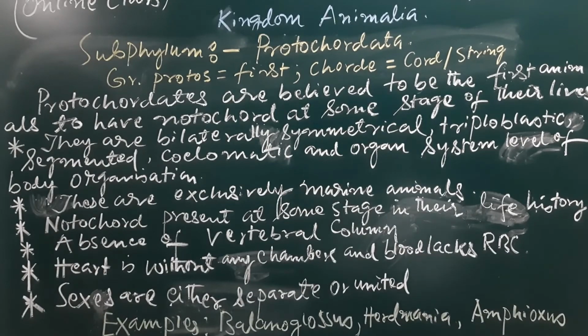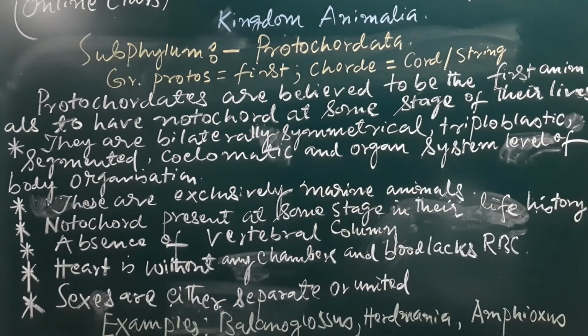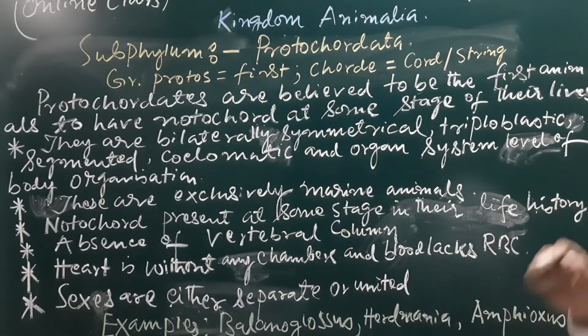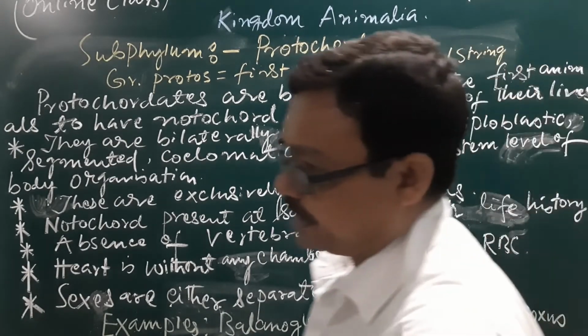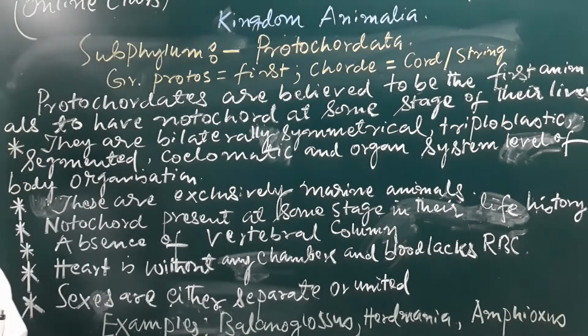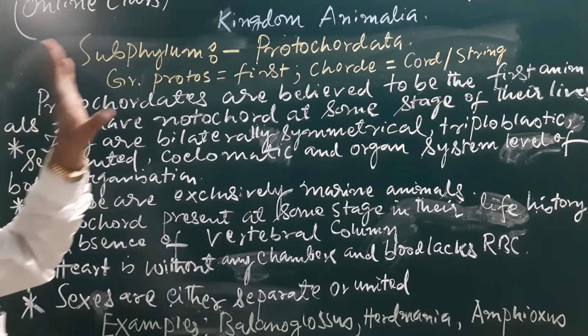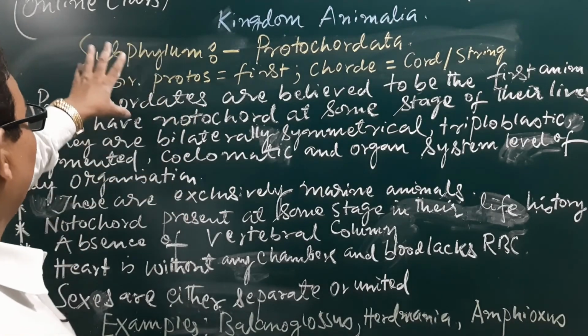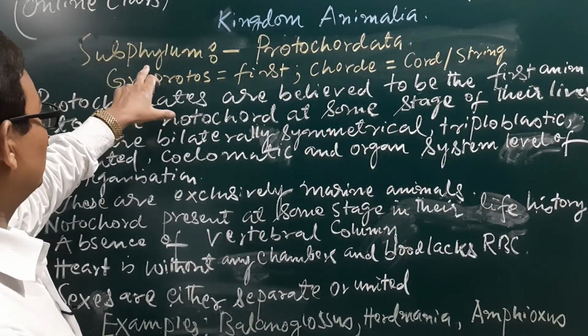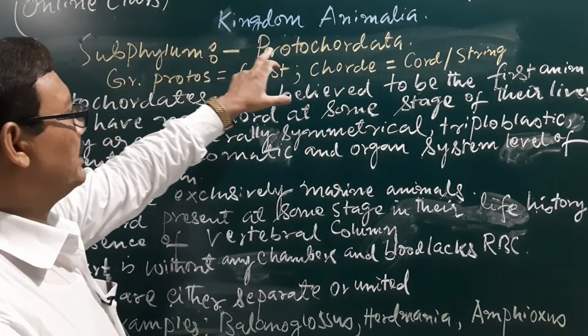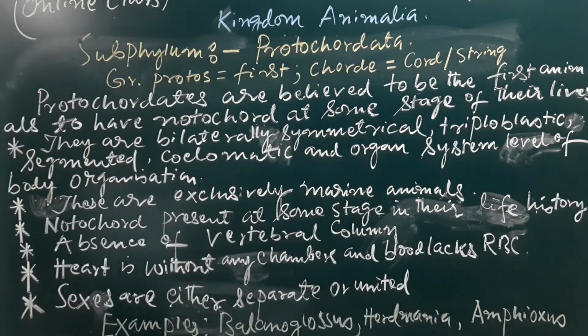Now let us see the basic characteristic features of the subphylum Protochordata. We have seen the basic features of the phylum Chordata, and now we should study the basic features of the subphylum Protochordata.